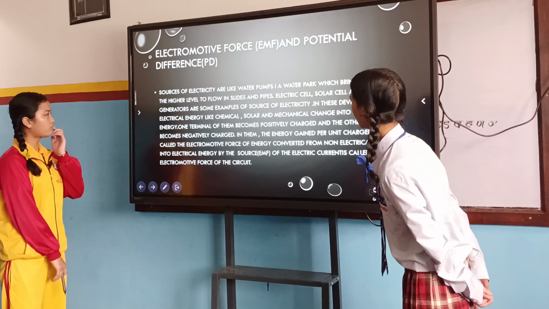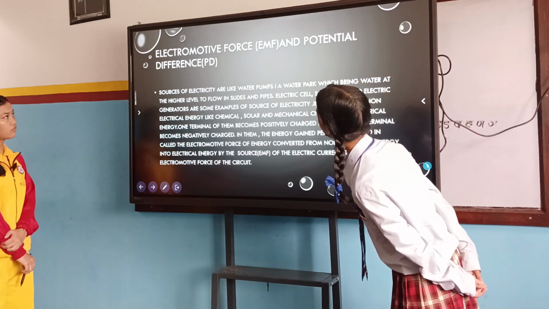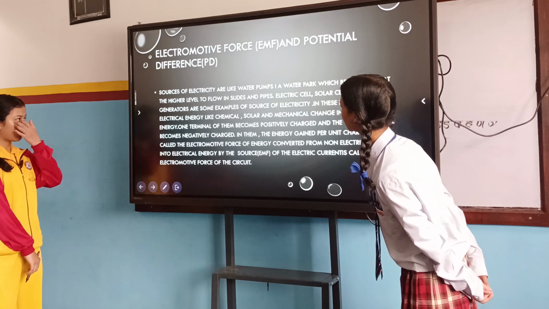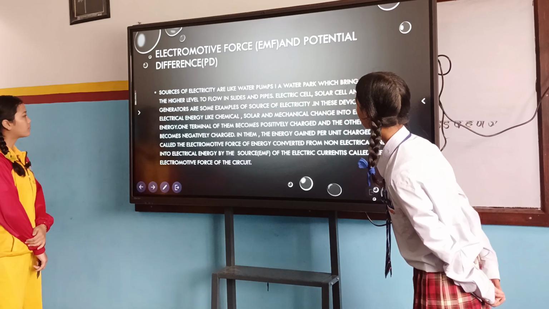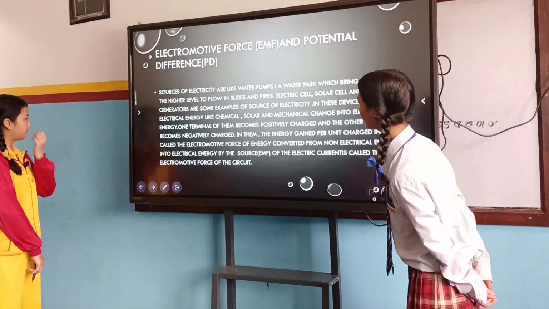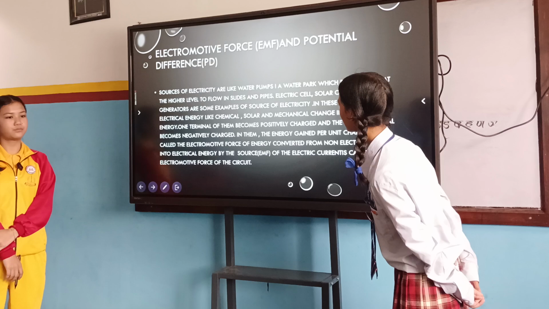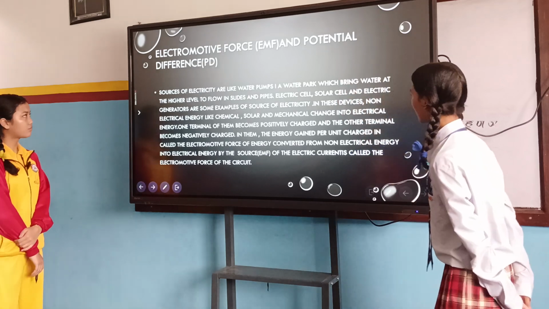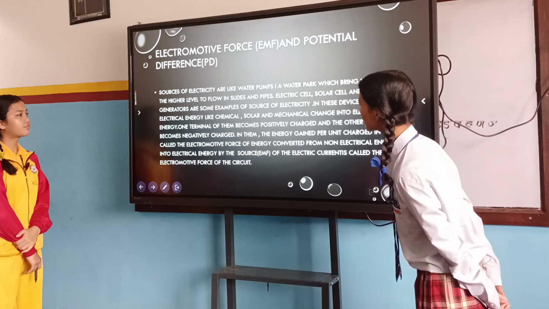Definition of electromotive force: sources of electricity are like a water pump in a water park which brings water at the higher level to flow inside the pipe. Some examples of sources of electricity are electric cell, solar cell, and electric generator.